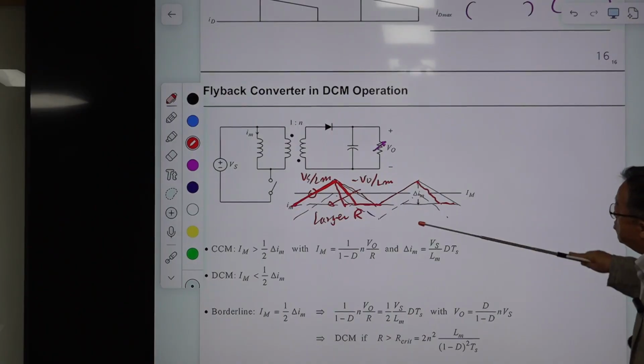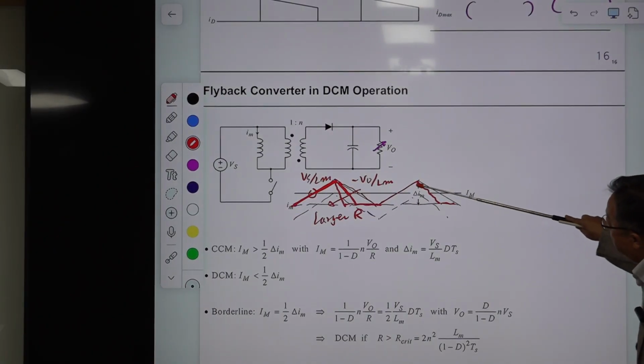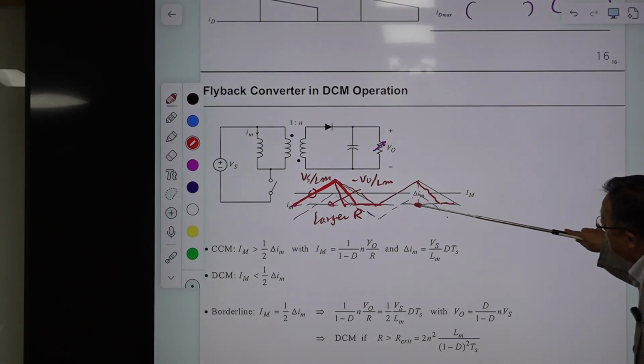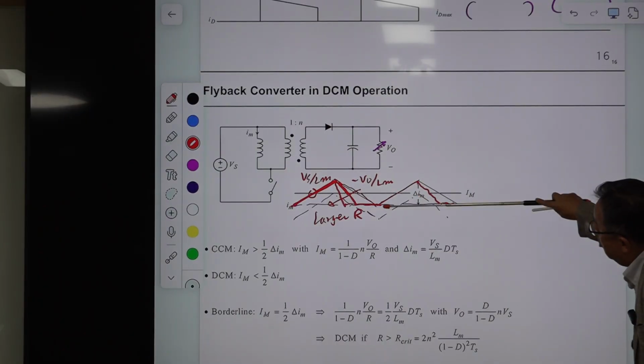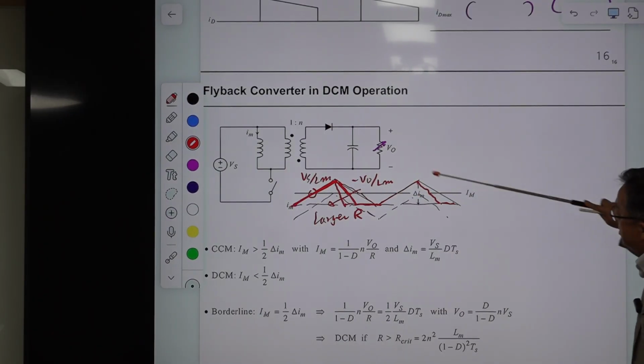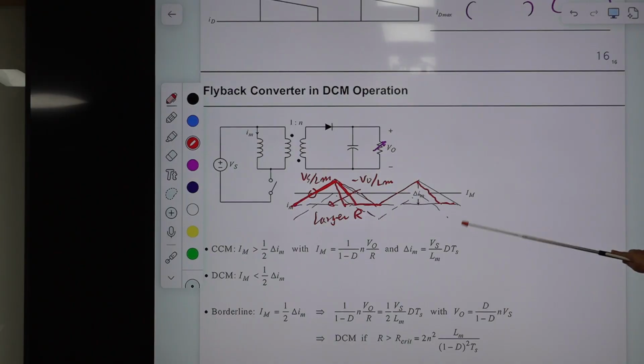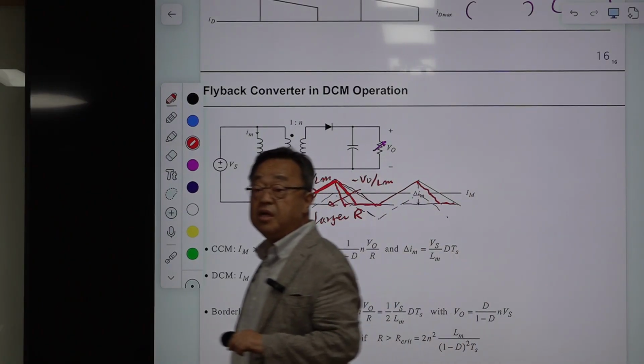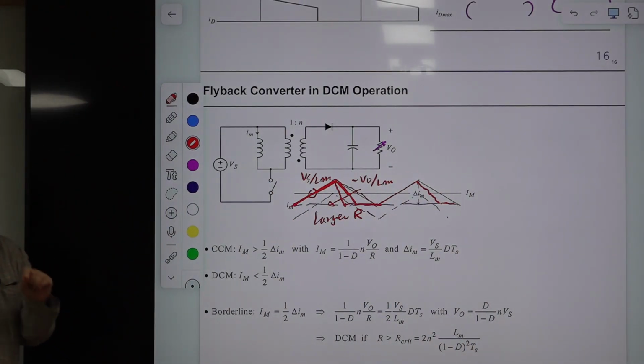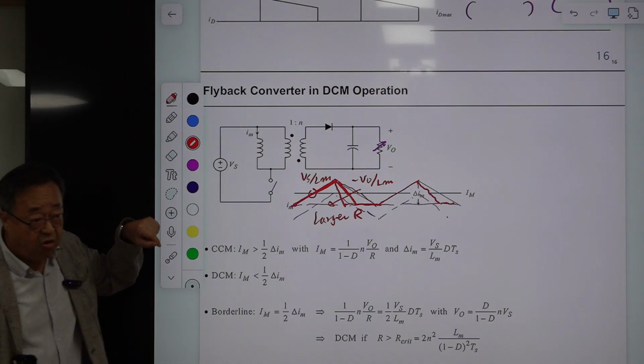The condition of the borderline is this is the variation of magnetizing current, and half the variation becomes exactly the same as this average value. That is the critical value. That places the converter at the borderline between CCM and DCM. If we increase R further, it goes to DCM.